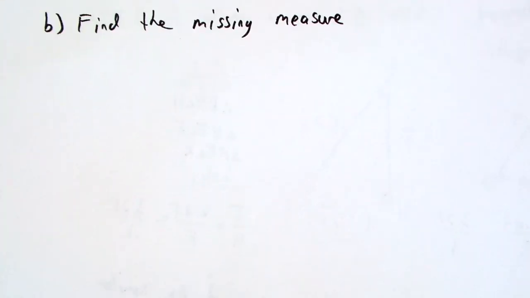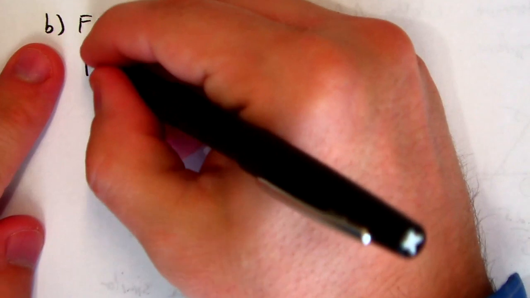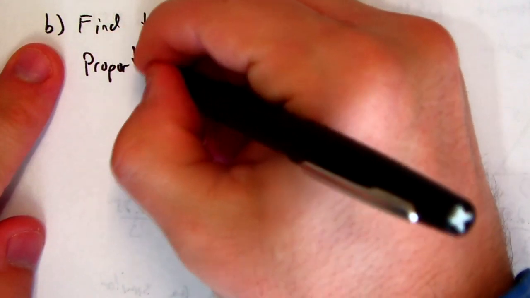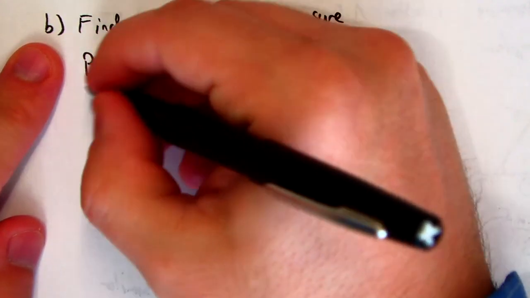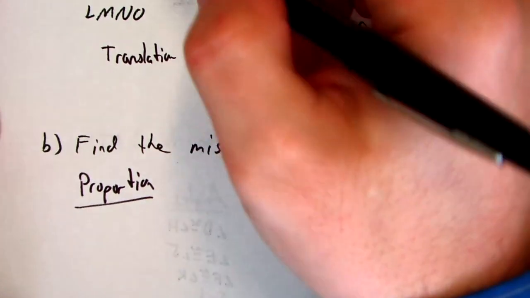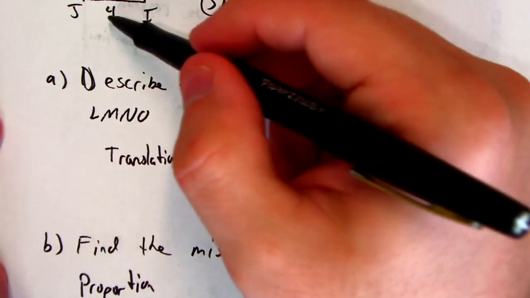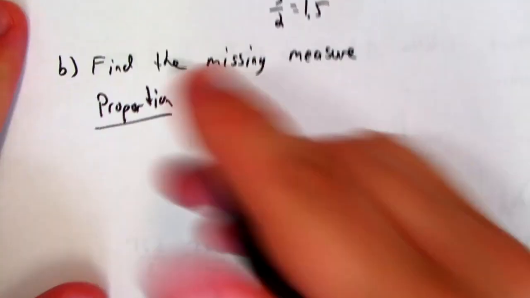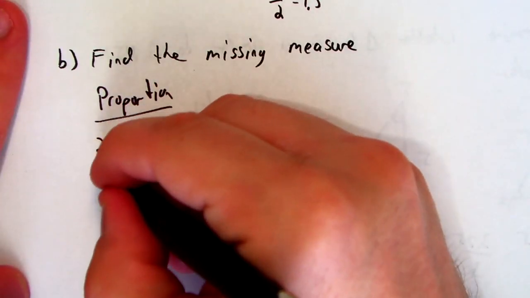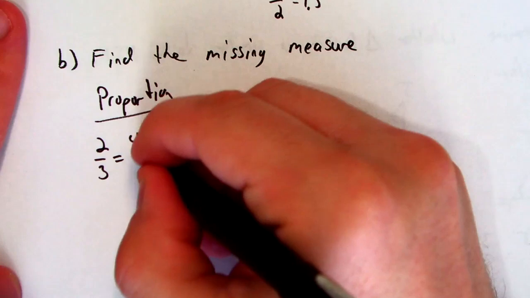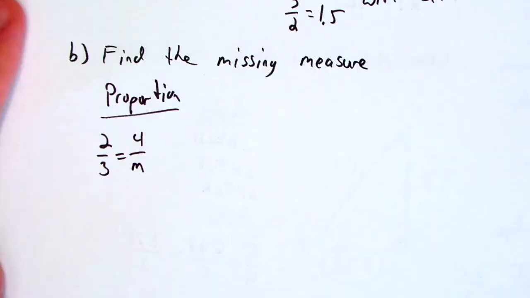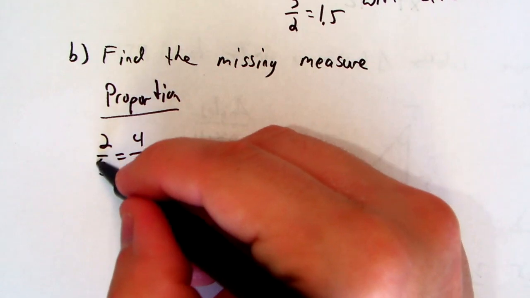Now, letter B, it says find the missing measure. There's two different ways that we can do this. The first way is write a proportion. And when we write a proportion, we want to go same to same is equal to same to same. So we would say 2 to 3 is equal to 4 to m. And then we solve this by doing cross products.